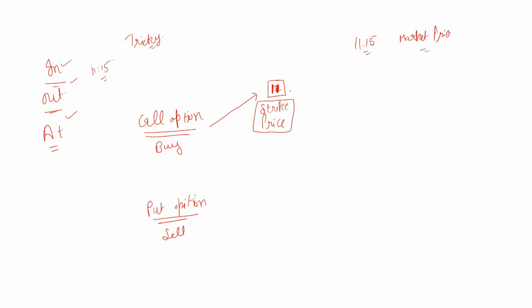So what happens in this case? Strike price is lesser than market price. When strike price is lesser than market price and you have bought a call option, then you are obviously in a gaining position. I have made the bid for this.